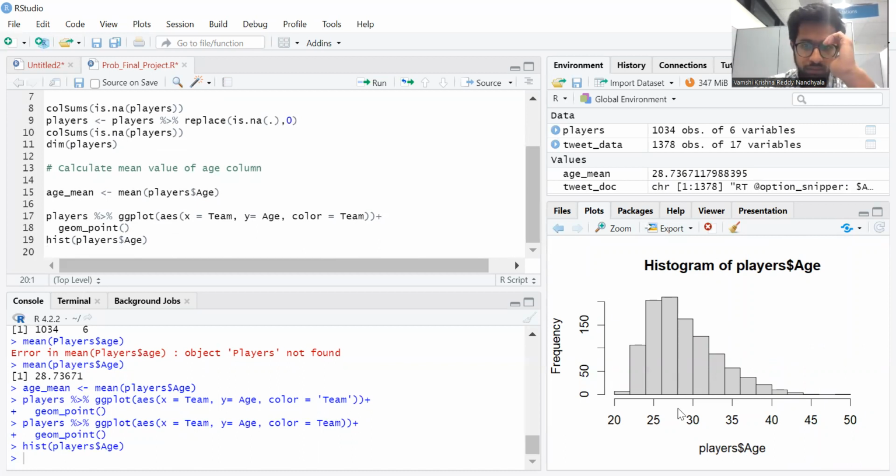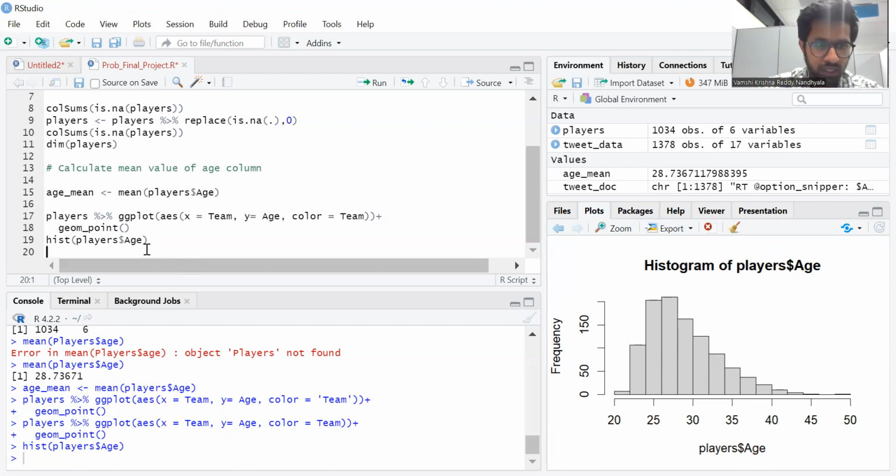This graph tells us how many players have the age of 25 and how many players have the age of 30. This is just a frequency. So if you clearly observe this graph, this is not a normally distributed graph, it is slightly skewed towards the right, but somehow looks like a normal distribution, but not exactly the same.